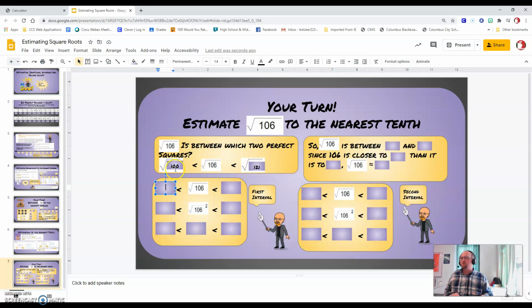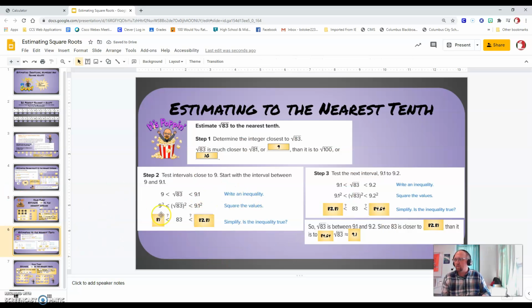If this is closer to this number, you're going to want to test something between 0.0 and 0.4, okay? So since 106 is way closer to 100, the first interval you probably would want to check would be 10 and 10.1, okay?